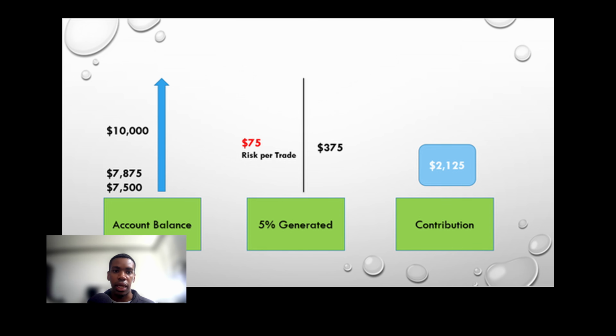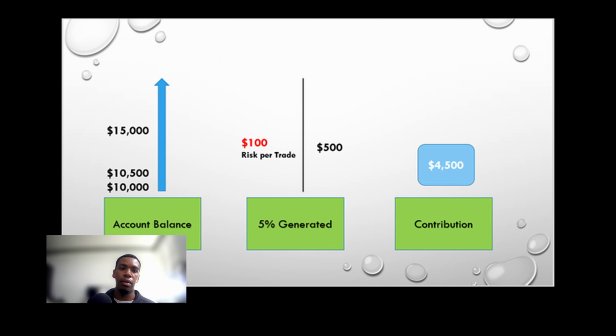Second milestone is $78.75, which indicates a 5% return. Max risk is $75 per trade. And then a further $21.25 can be added, which increases your balance to $10,000. Then the third milestone will be $10.5. Max risk per trade is $100.